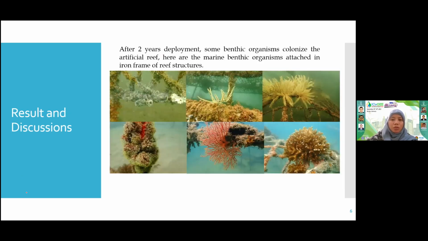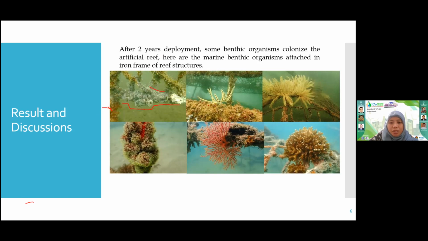And this is the result. After 2 years of deployment, some benthic organisms colonized the artificial reef. Here are some pictures of benthic organisms that attach or live on the iron frames of the reef structures. The first picture here is sponges, colonizing the iron frame.